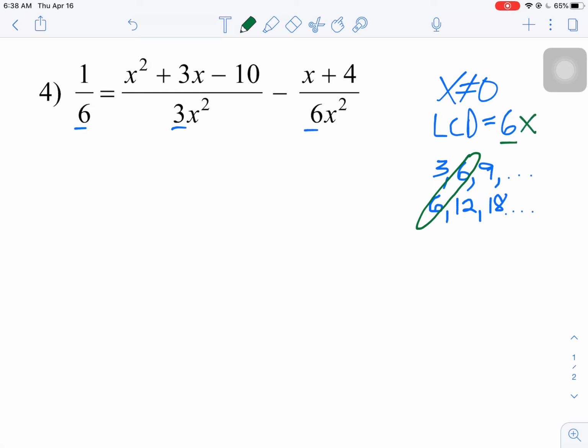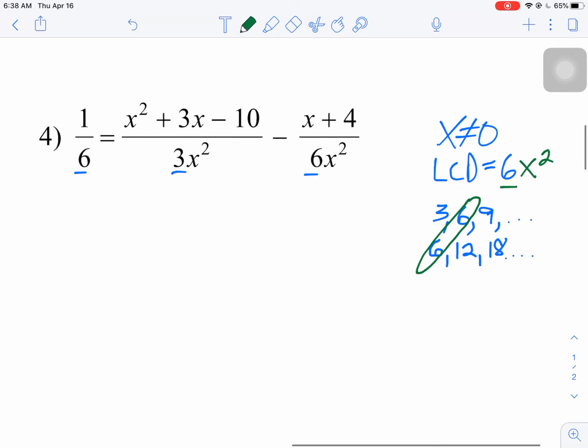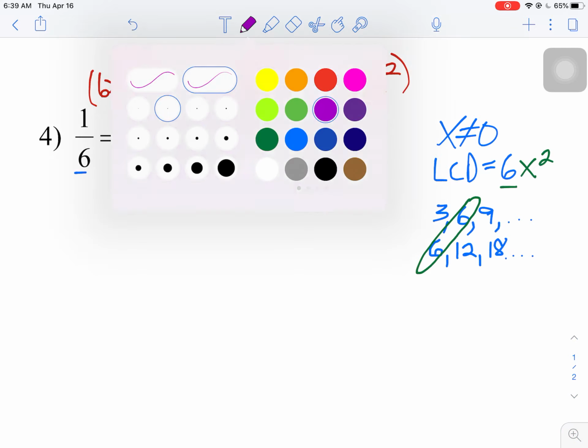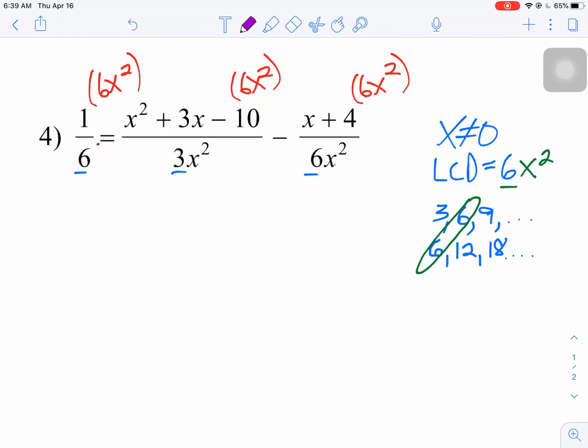And then for our variables, we see an x squared. So we're going to want to multiply everything by the least common denominator of 6x squared. And again, the whole point of multiplying everything by the LCD is to cancel out all the fractions. So in that first fraction, the 6 divided by 6 cancels out.